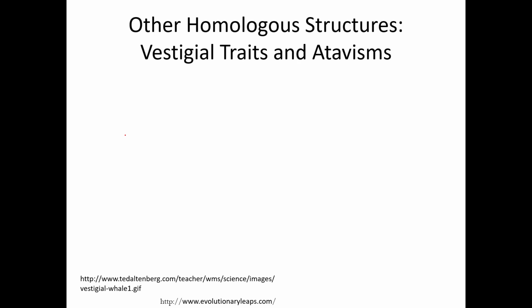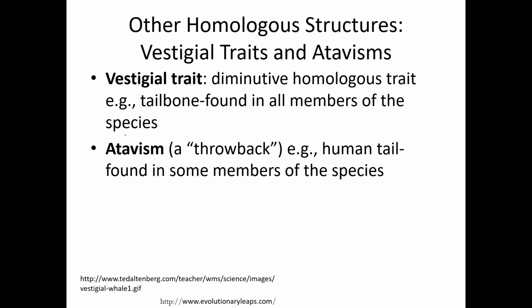Let's look at vestigial traits and atavisms then. These are those weird examples where things show up that we wouldn't expect to see. So a vestigial trait is a diminutive homologous trait, meaning kind of a not well-developed homologous trait. In a lot of mammals, there are tails. In humans, we have tailbones. We don't have fully formed tails. And tailbones are in pretty much all humans.